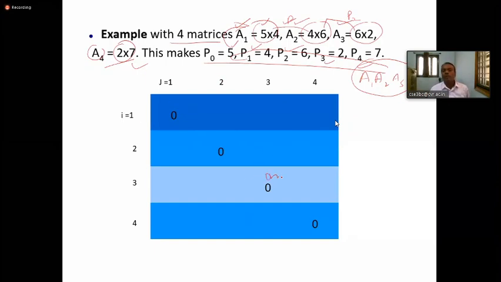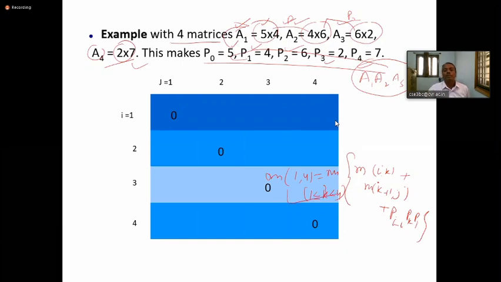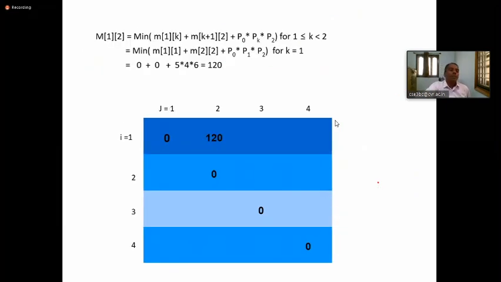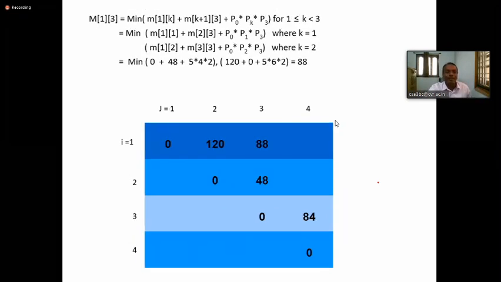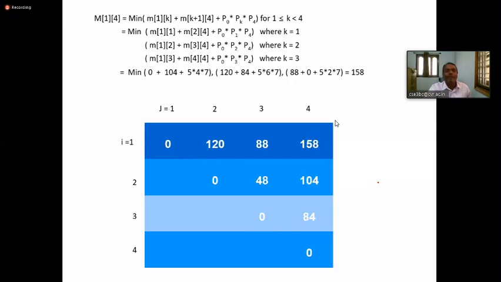M of 1 to 4 is equal to the minimum over K, where 1 is less than or equal to K is less than 4, of M of I to K plus M of K plus 1 to J plus P of I minus 1, P of K, P of J. That's all. This is the formula we are going to use. Now I'm using the same thing, but I'll come to the last. From the last, I want to explain so that you can understand easily what you require, which is the last one.